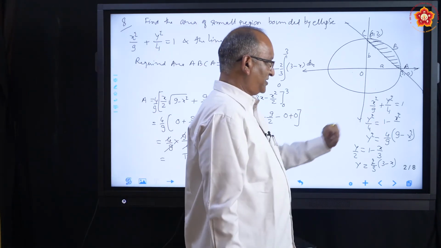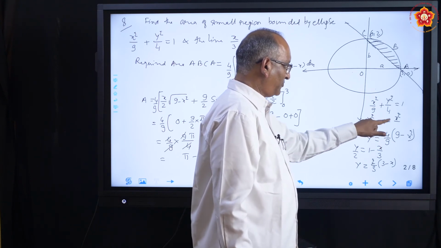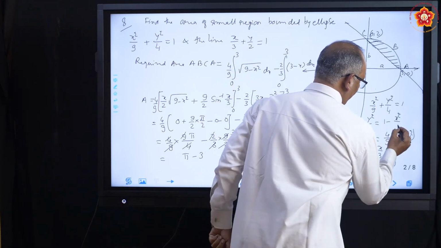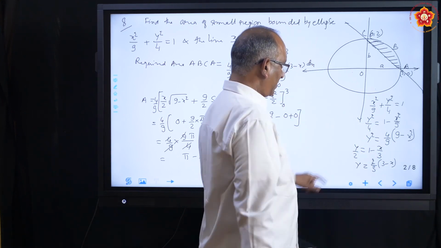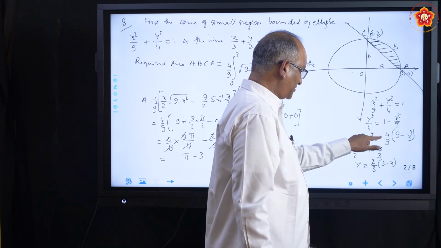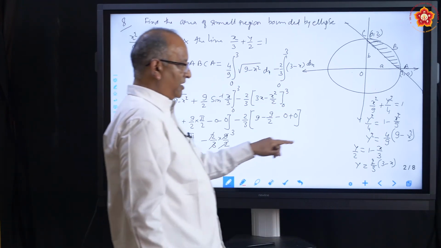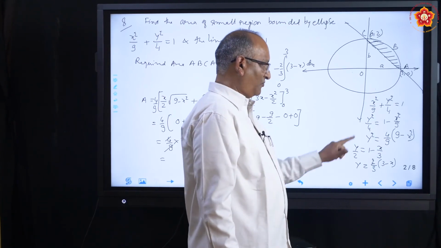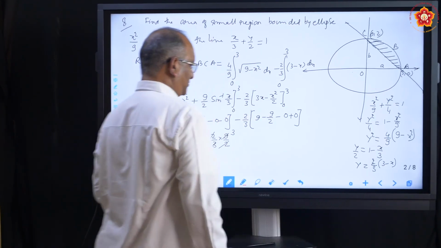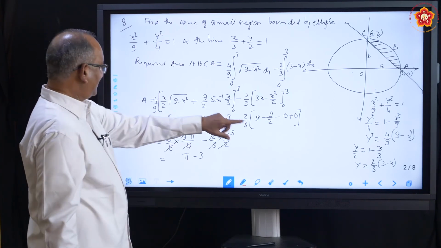This is the equation of ellipse. We wrote it as y square by 4 equal to this. So 4 goes up, 4 by 9. 9 minus x square by 9, so 4 by 9, so it is 2 by 3. Yes, see, first mistake which we did is y square is 4 by 9. So what is y? Square root of that. So it is 2 by 3. It is not 4 by 9. It is 2 by 3.